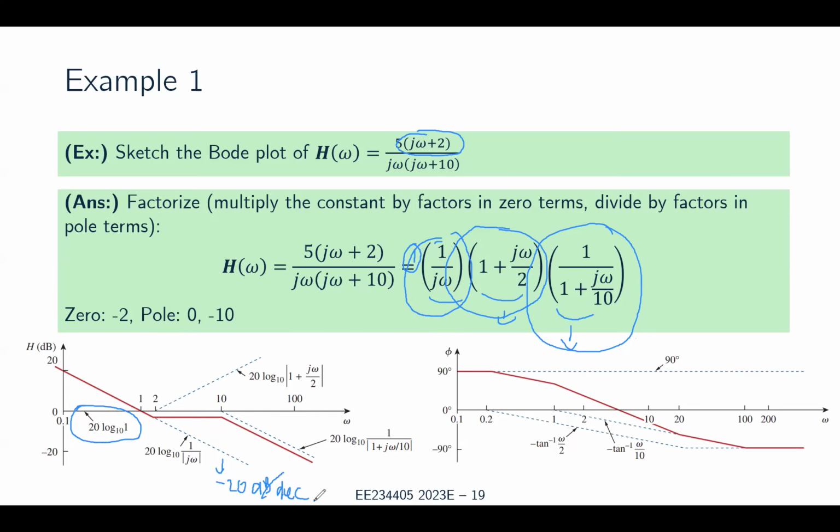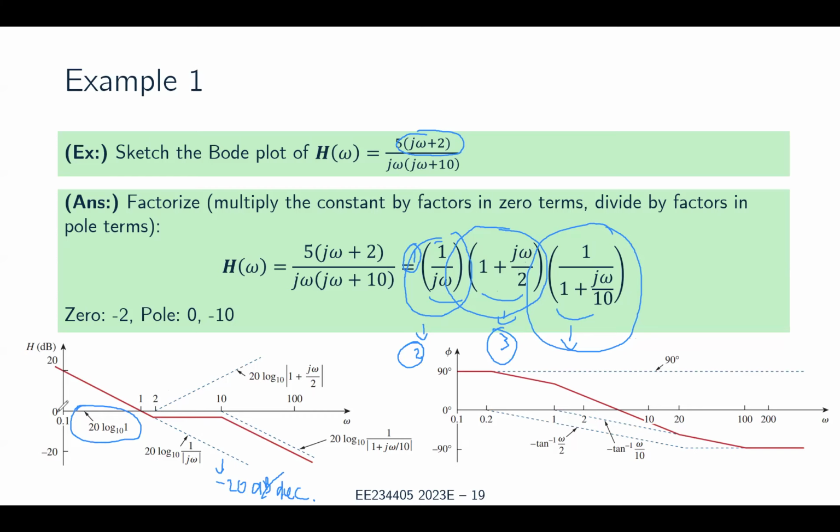So it goes straight down. This is factor 2. Factor 3 is the zero at 2.